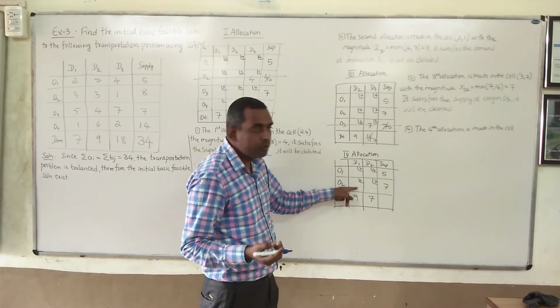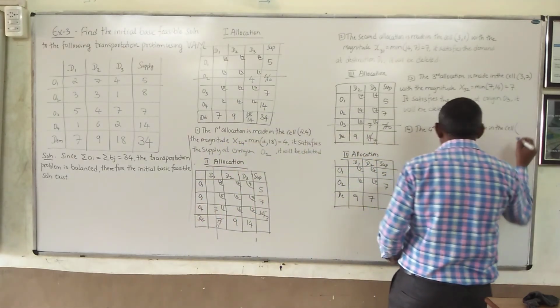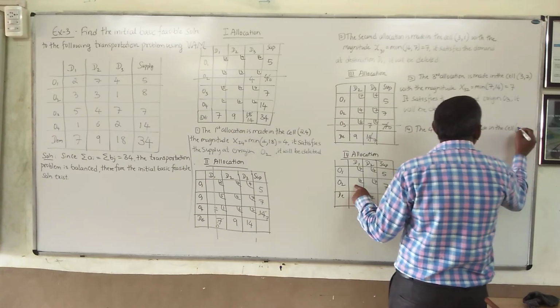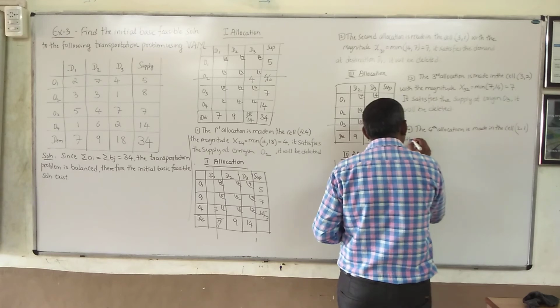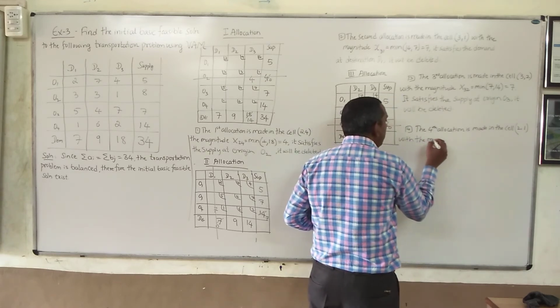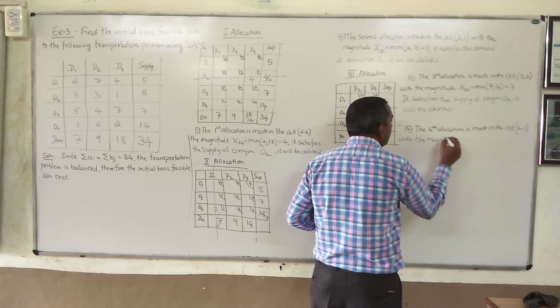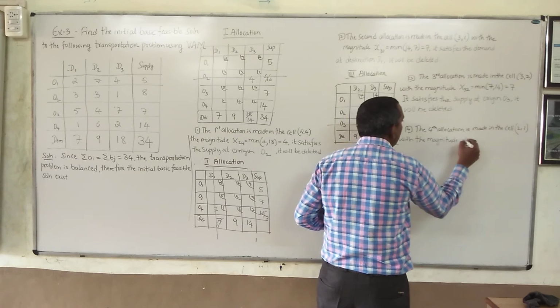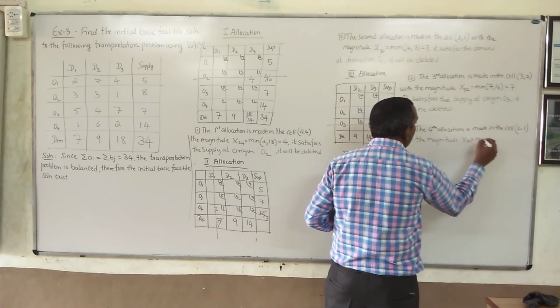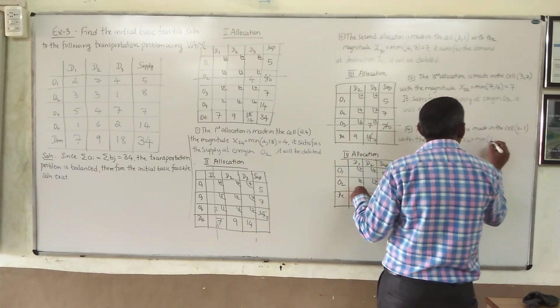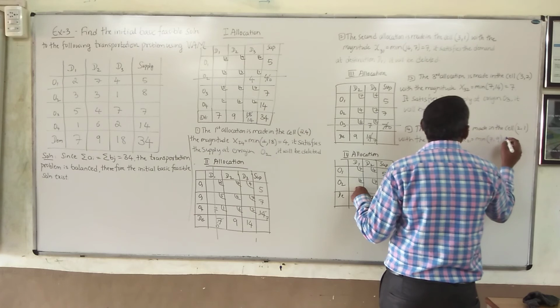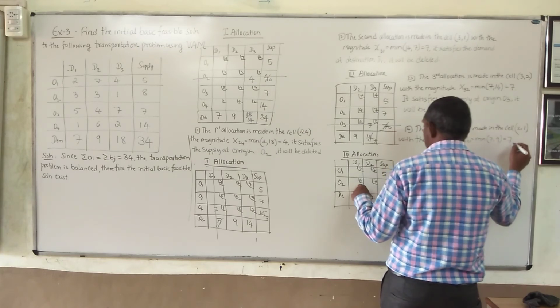So I am going to choose this one, cell 2 comma 1 with the magnitude x21 is equal to minimum of, how much is it? 7 comma 9, which is 7.